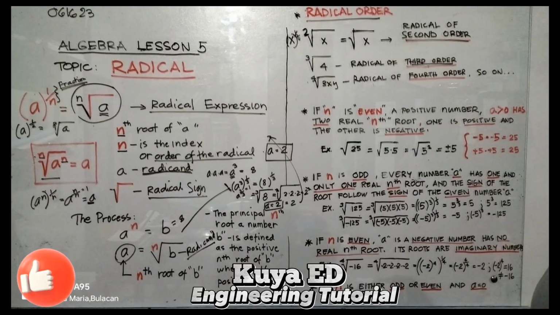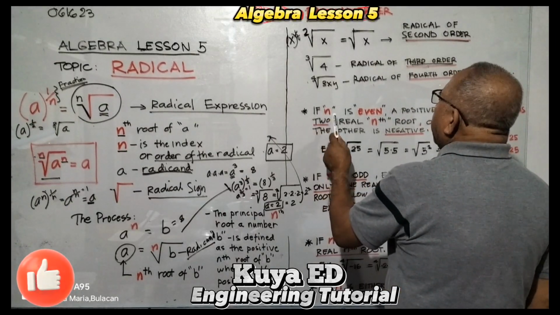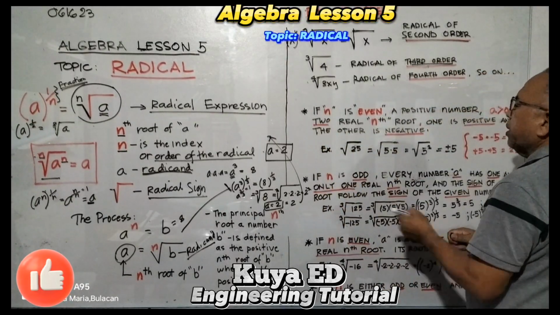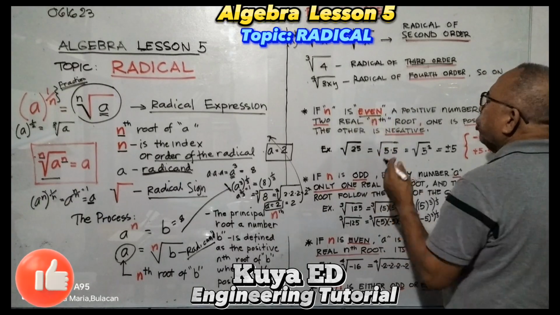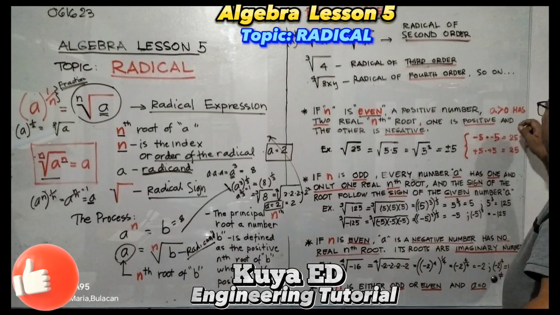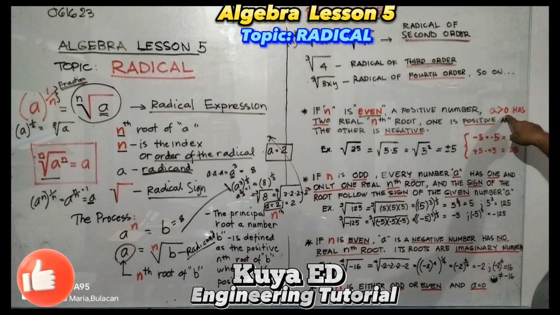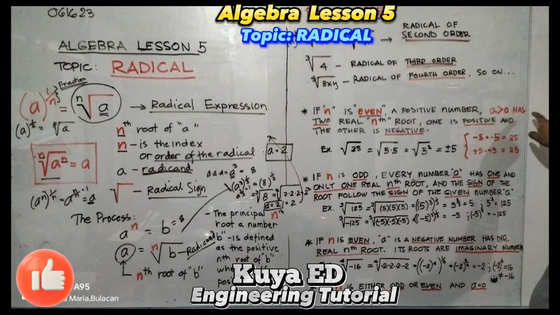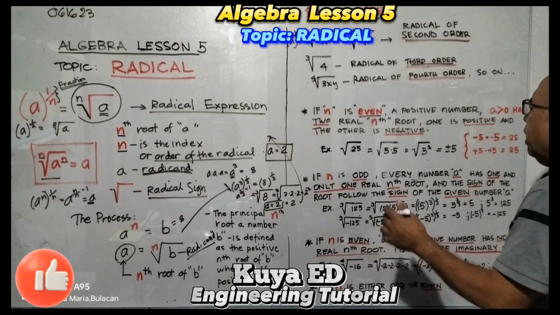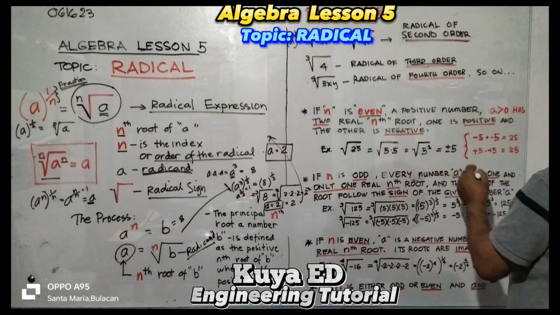Okay, so dito, tingnan natin ang n. If n is even, so pag sinabi nating even, 2, 4, 6, so even, may partner. A positive number and A is greater than 0, so ibig sabihin, positive, has 2 real nth root.